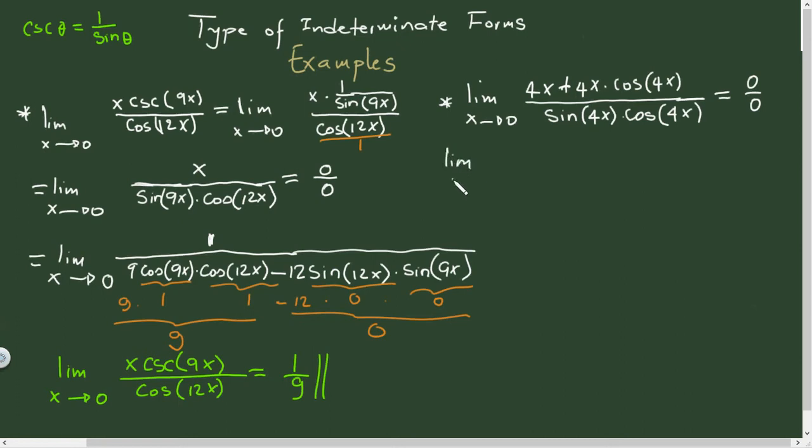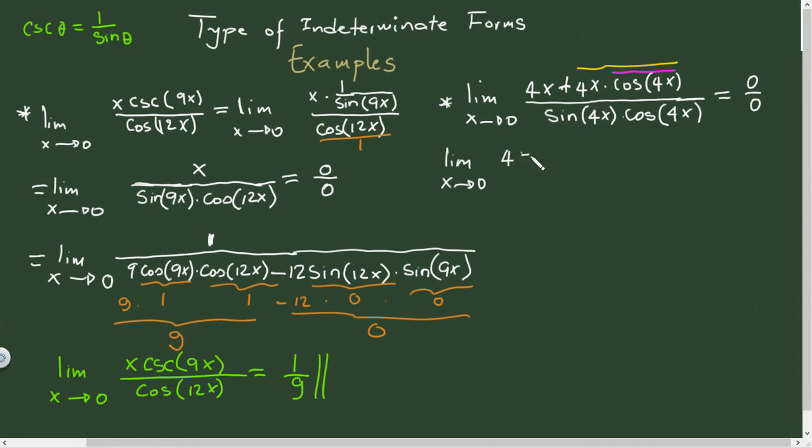X tends to 0, and the derivative of 4x is 4. Now we have here a product, and in the product we have a chain rule. So the derivative of the product, this is what we're going to do. We're going to do this one here times that one, plus this one times that one.